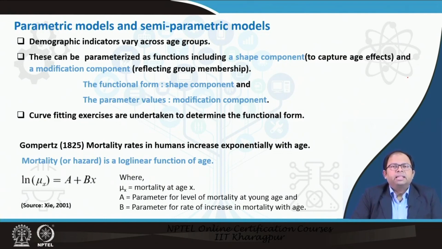Here we can form a relationship using certain parameters, such as age, gender, or income group and so on. We would like to keep the number of parameters as small as possible, and there must be a function which relates these with the actual demographic indicator, which is called a shape component.